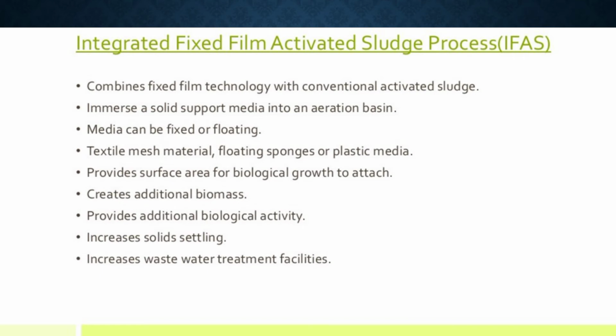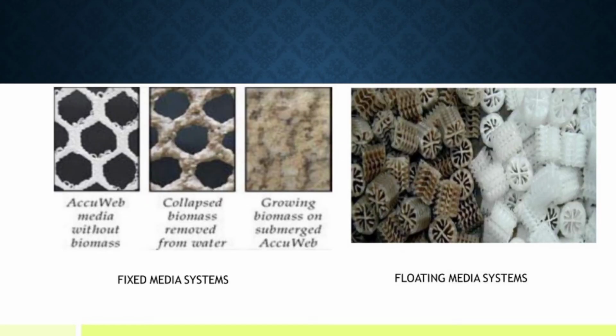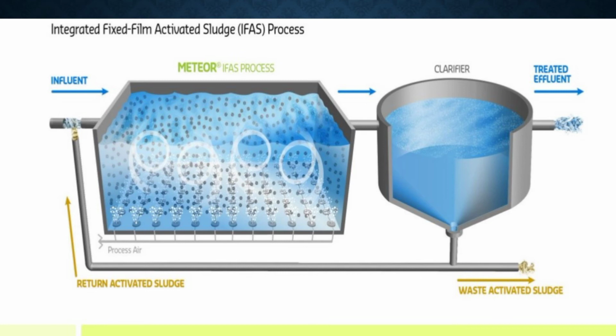Textile mesh material, floating sponges or plastic media provide surface area for biological growth to attach, creates additional biomass, provides additional biological activities, increases solid settling, and increases wastewater treatment capacity of existing facilities. Here is the figure. This is also a figure for the IFAS process.